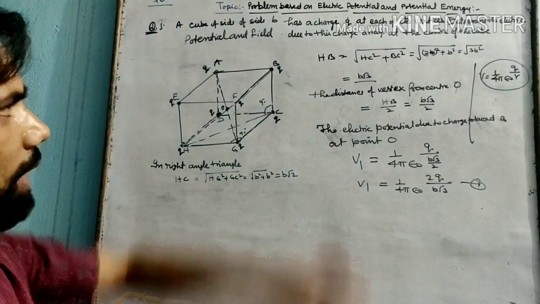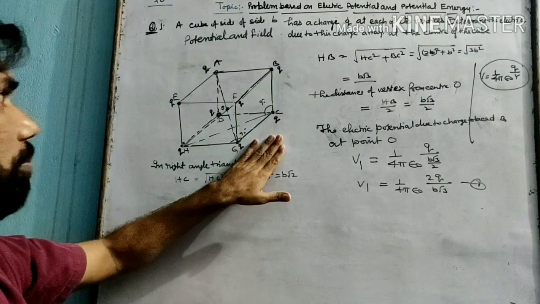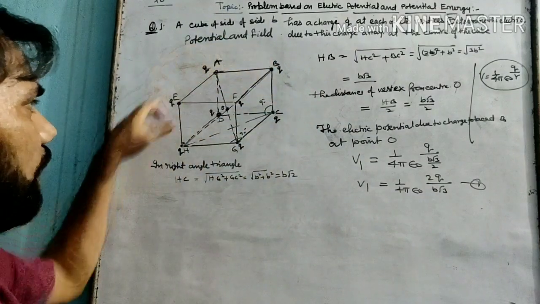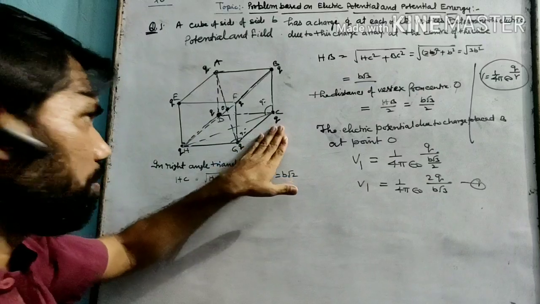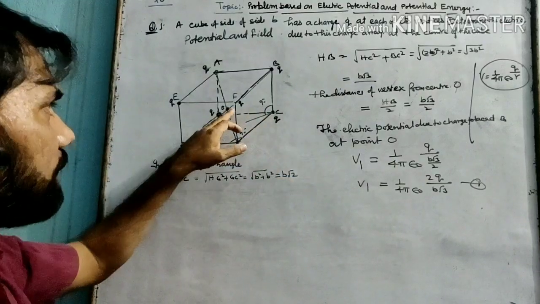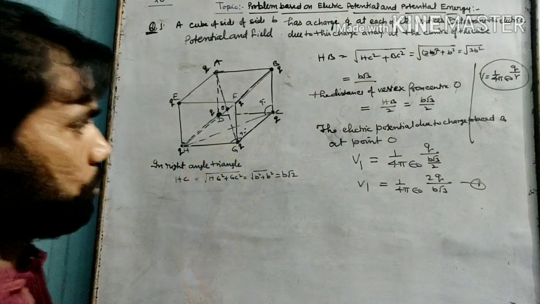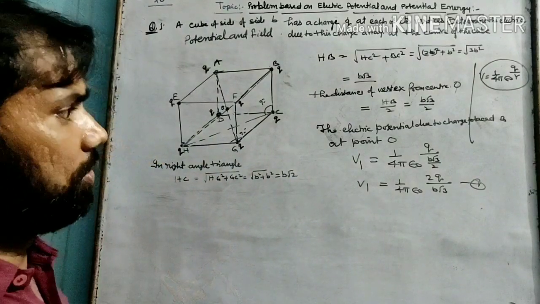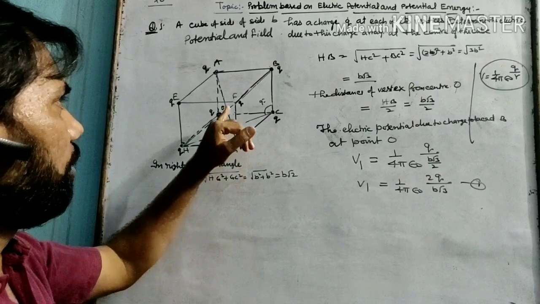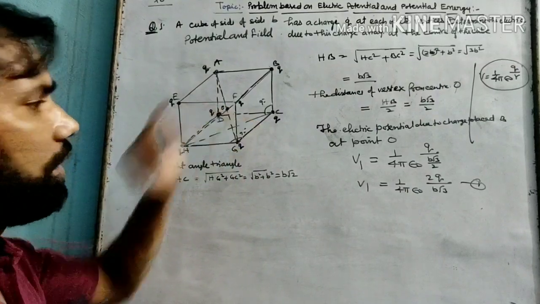As in the given problem, each charge has the same magnitude and is at the same distance from the center of the cube, so they will have the same potential at the center.